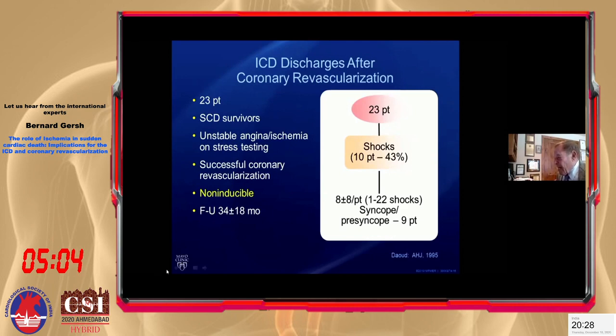On average, eight patients had 1 to 22 shocks, with syncope and pre-syncope in 9, suggesting that these shocks were all appropriate. Small study, but I think it really makes a point. They did have acute ischemia, they were revascularized, they were non-inducible, but it was of no predictive value.